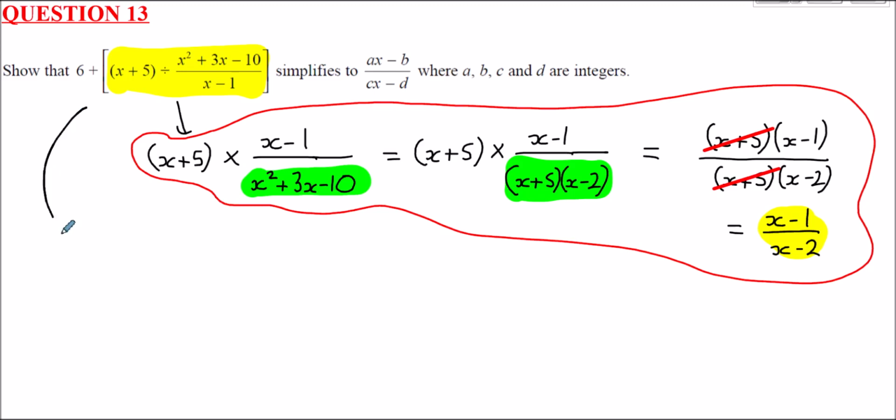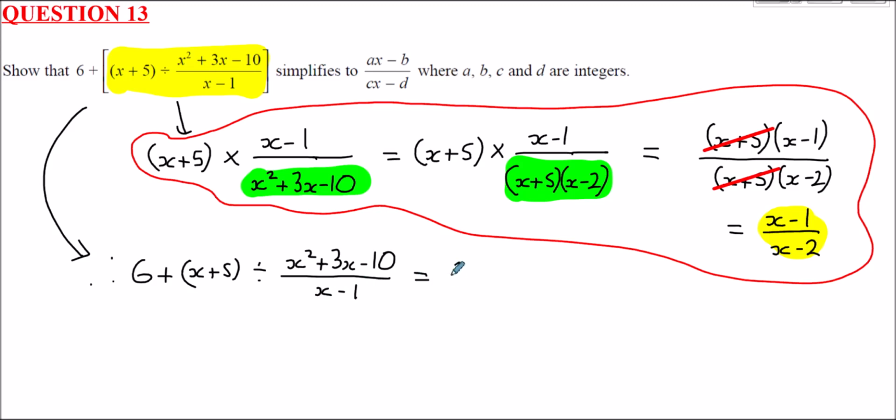So now we can say, therefore, 6 plus this x plus 5 divided by x squared plus 3x minus 10, all over x minus 1, that's the same as 6 plus x minus 1 over x minus 2, because we've just shown that this whole thing here is the same as this.